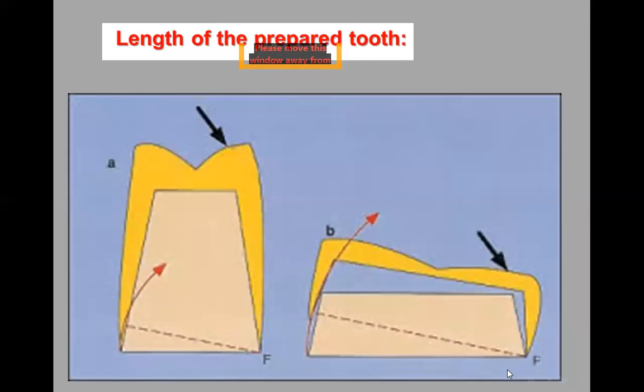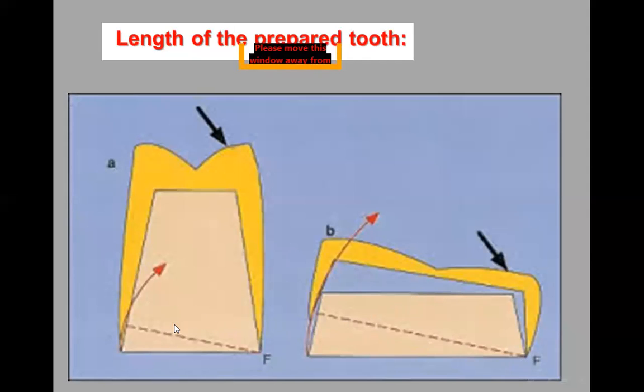You see that F is the fulcrum of rotation. It is the point or line where the crown will move around the tooth structure. The black arrow is the lateral force applied on the crown.